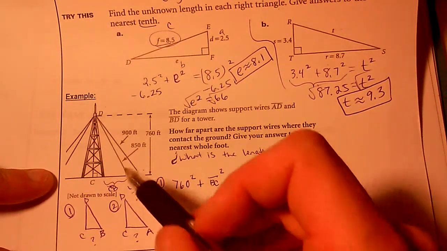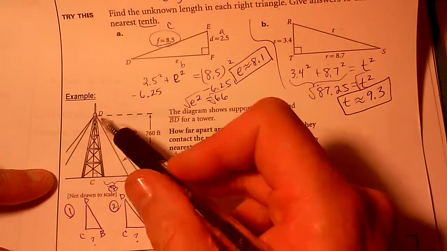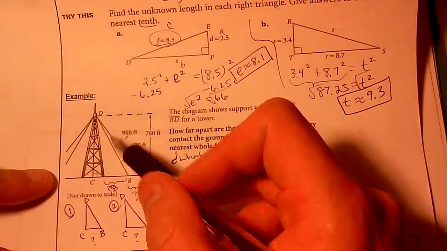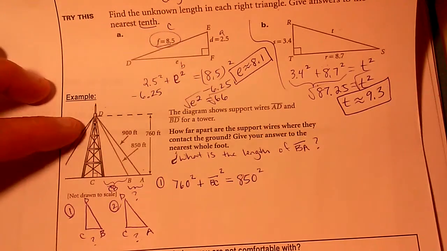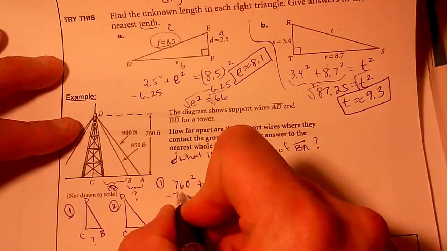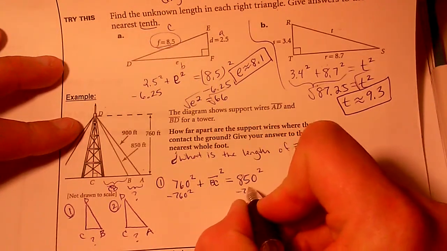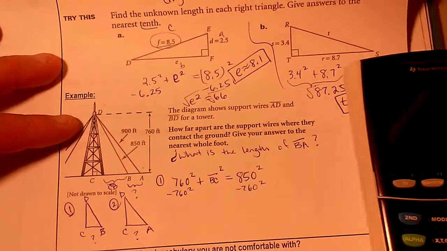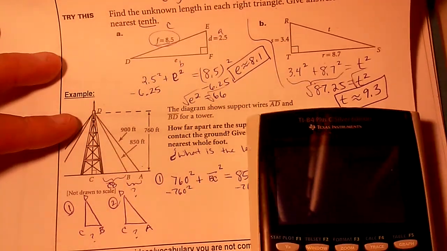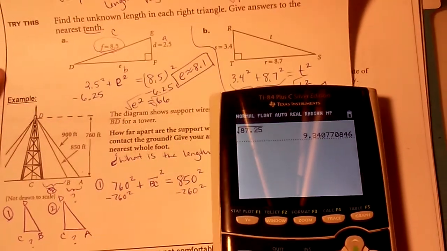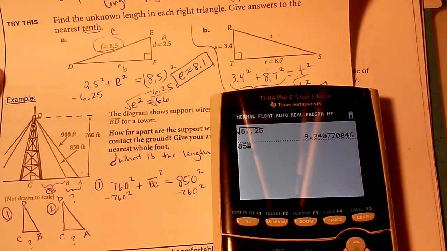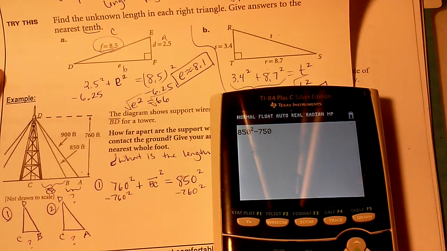All right, so that is this first triangle, the smaller, narrower triangle in here. So the length I'm dealing with, I'll use my calculator. 850 squared minus 760 squared.